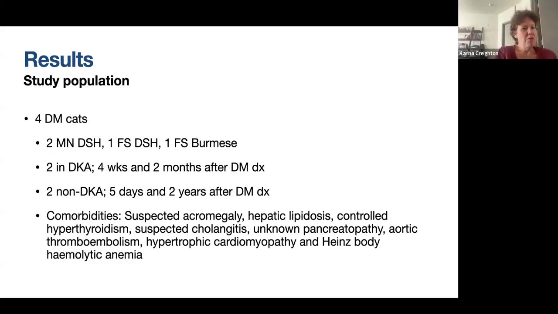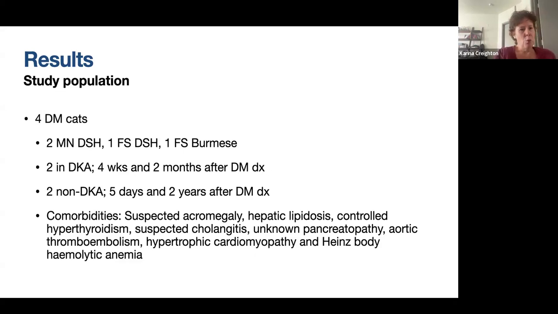So for the results, for the study population, they had 4 DM cats that were available for all analyses. A mixture of 3 domestic short hairs and 1 Burmese, 2 each of male neutered and female spayed. 2 of the cats were in DKA at the time of their death, and one was 4 weeks, one was 2 months after DM diagnosis.